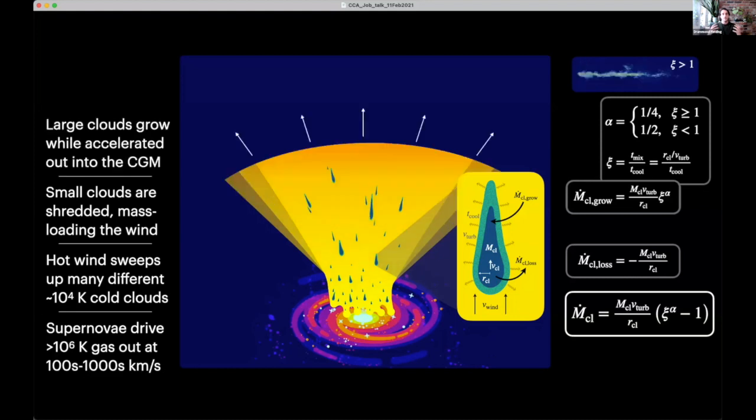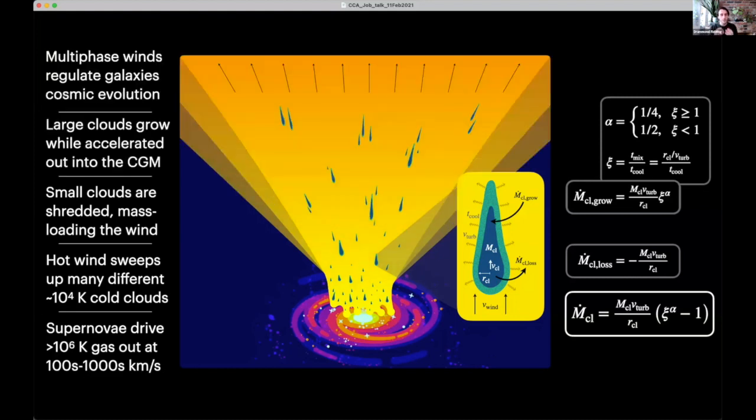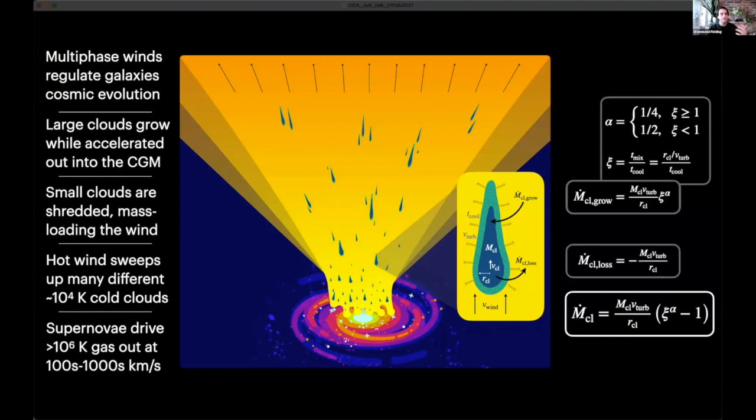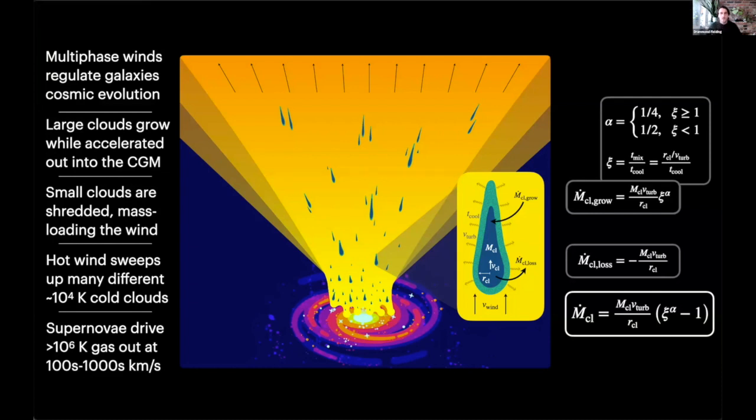And this all comes together into a coherent picture where the initial wind, which is very hot and doesn't have very much mass, actually is mass loaded by shredding and eating the small clouds. But the cold phase survives and persists out into the surrounding medium in the form of large clouds that weren't shredded. Okay, so there's my cartoon.